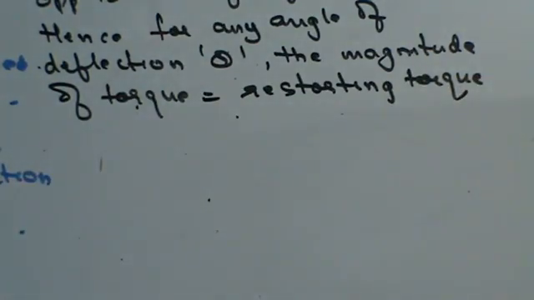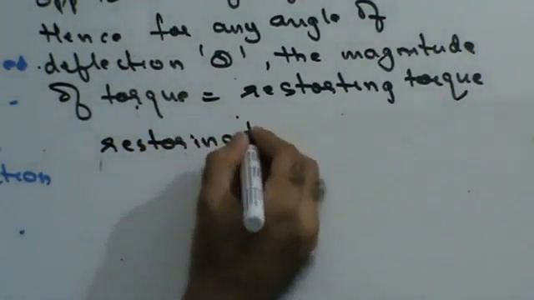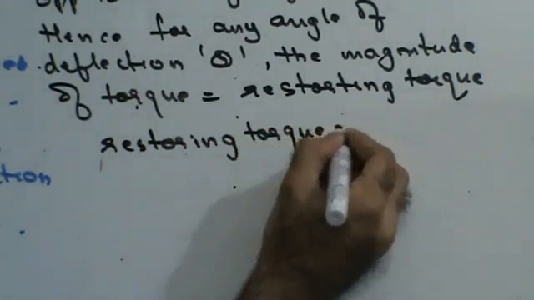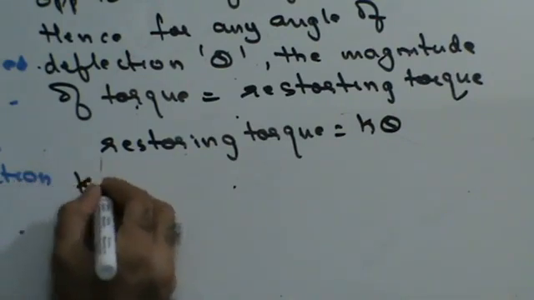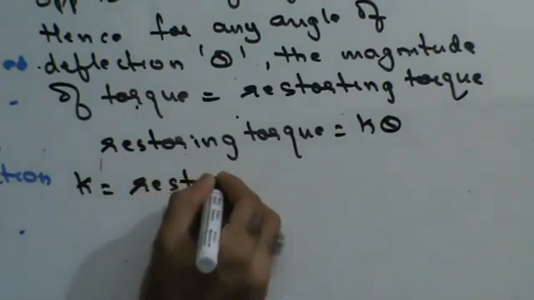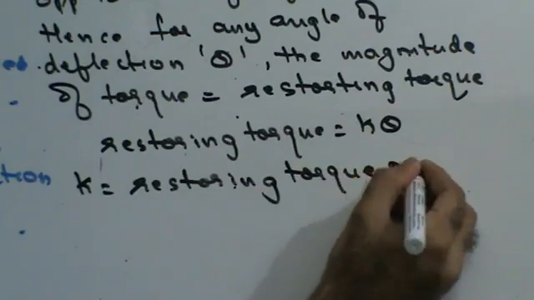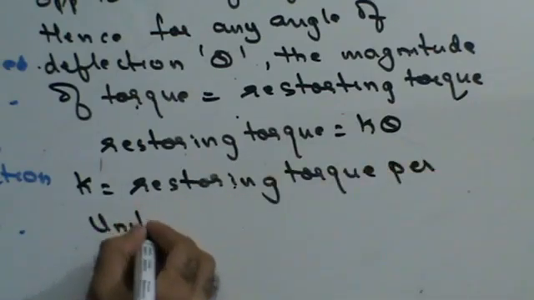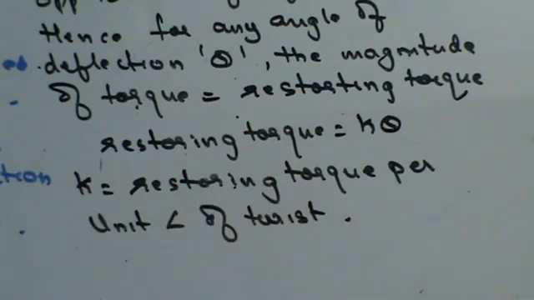In which case I can therefore say that the restoring torque is equal to k theta, where k is the restoring torque per unit angle of twist, right?